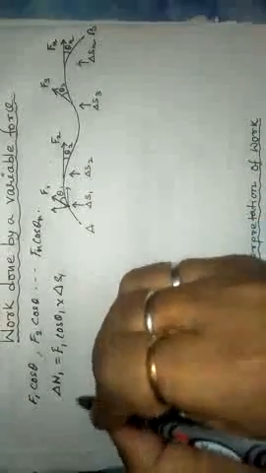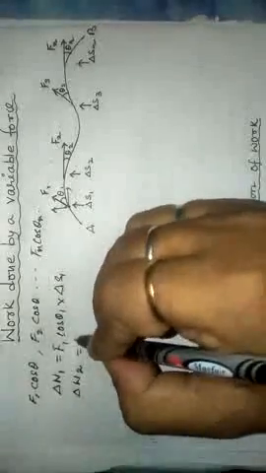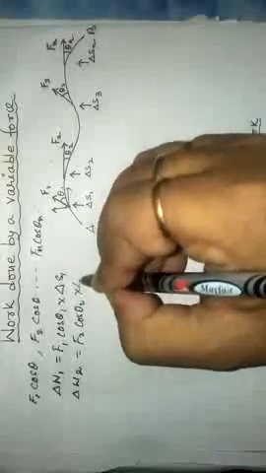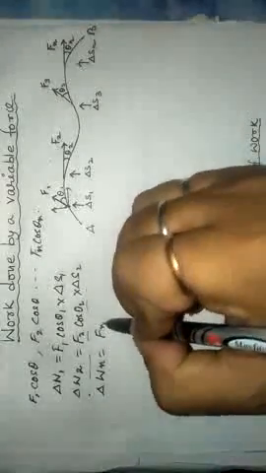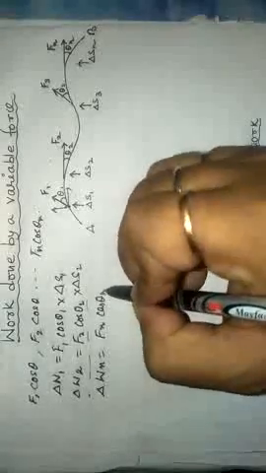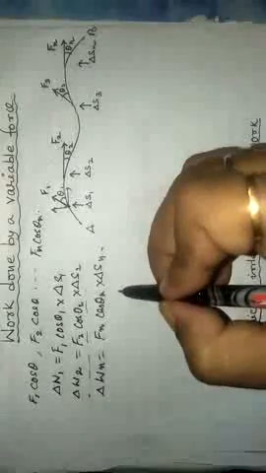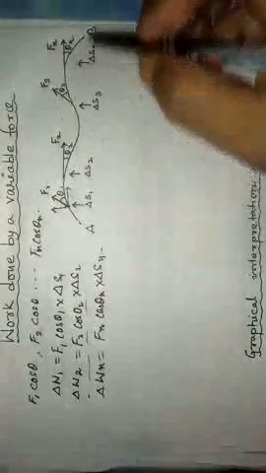Similarly, delta W2 is F2 cos theta 2 into delta S2, and so on. The last one is delta Wn equal to Fn cos theta n into delta Sn. So these are the work done at various points.